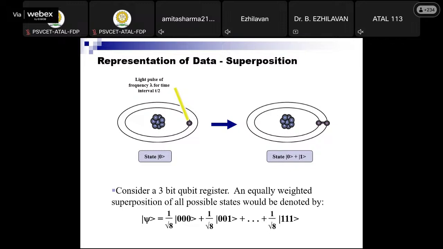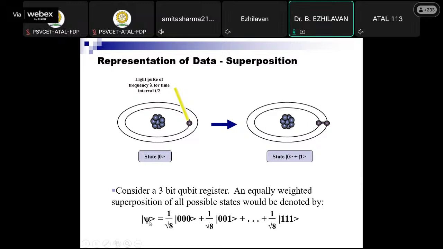Representation of this data in superposition. If you are considering a 3-bit register, already you studied 3-bit. 3-bit means 000 is 0, and for 7 you will have 111. See here, first 000 and last 111. This is the 3-bit qubit register, which has all possibilities, because 0 to 7 is 8.